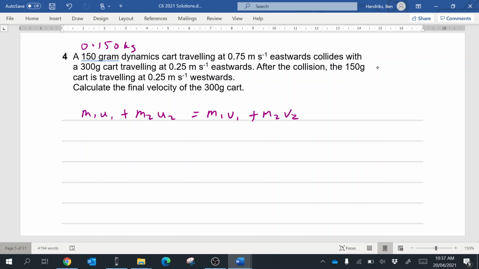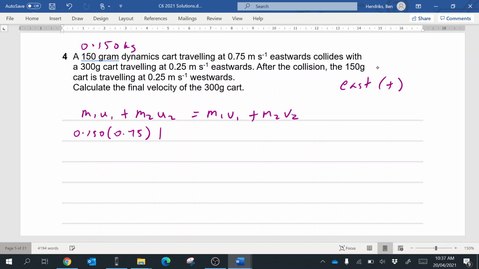So our first mass is going to be 0.150 kilograms, and I guess we need to say that eastwards is going to be positive. That means that 0.5 is going to be positive.